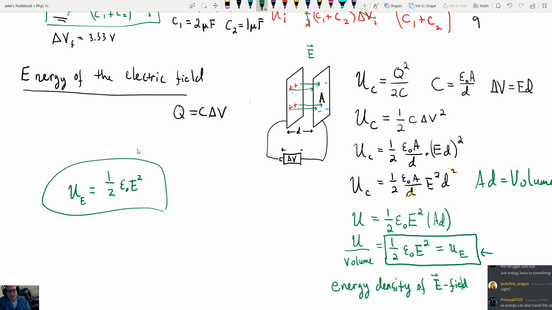This quantity is much easier to measure than the electric field itself, because to measure the electric field, usually what you have to do is go and measure a bunch of delta V's, a bunch of potential differences, and then kind of map out your electric field. But measuring E squared is much easier because it's directly related to energy. So there we go. And that's kind of the end of today's lesson.